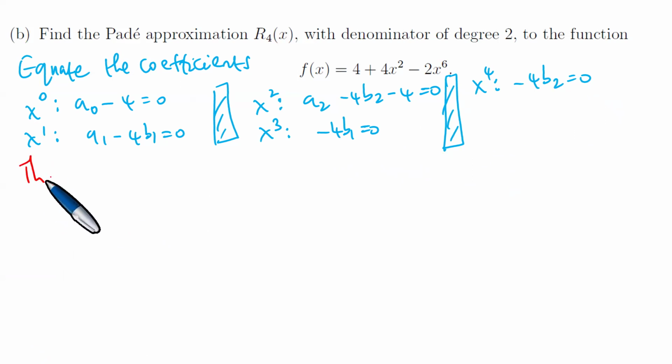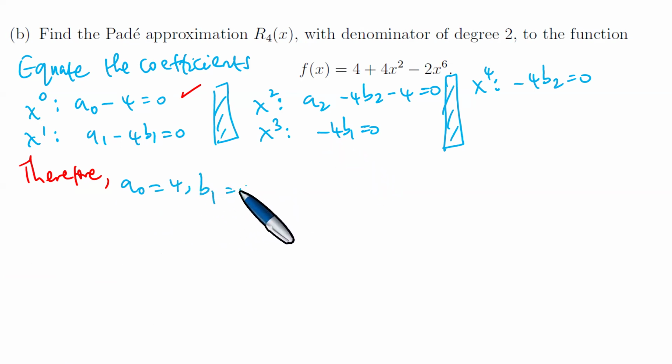And we say, therefore, from this particular equation, it is clear that our A naught is 4. And then when A naught is 4, that is what we get here. From this one, we get that B1 is 0.